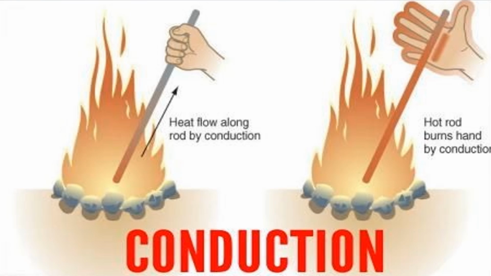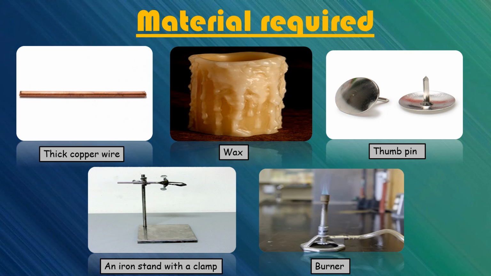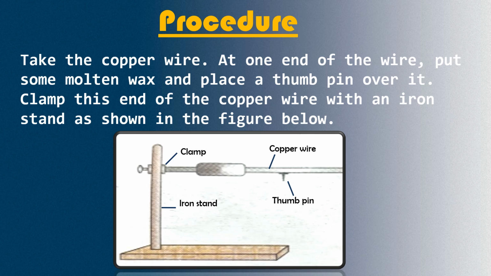Now let's perform an activity to show conduction of heat through solids. For this activity, you'll require a thick copper wire, wax, thumb pin, an iron stand with a clamp, and a burner. Take the copper wire. At one end of the wire, put some molten wax and place a thumb pin over it.